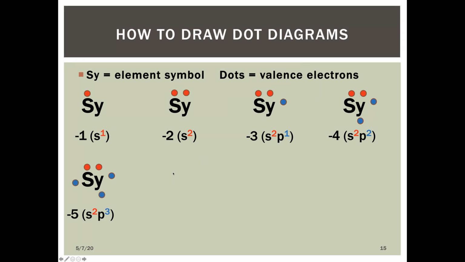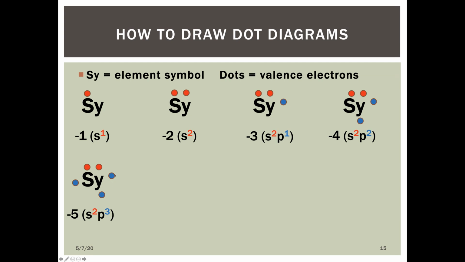Now, you see how these electrons are not paired together? These two are paired, but these are unpaired electrons. It's these unpaired electrons that are shared during a covalent bond. So this is telling me that this element here can share 3 electrons to make a compound.